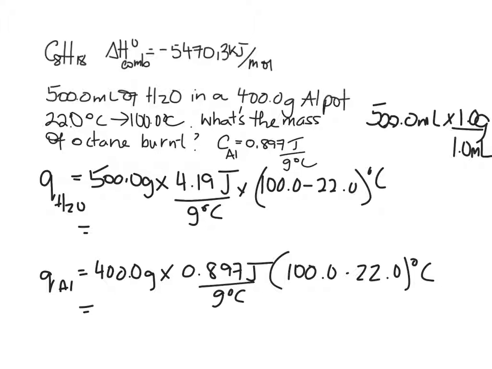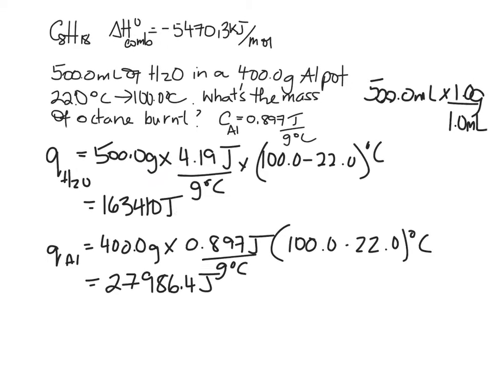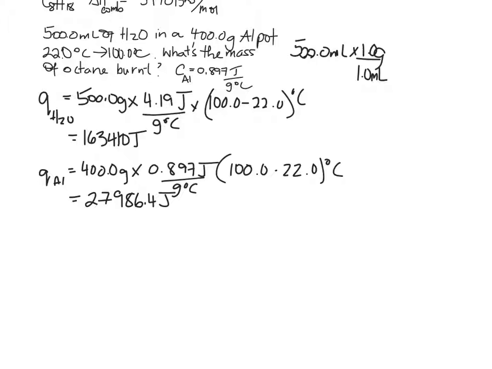What values do you get? Do we assume the same delta T for water is the same thing? Yeah. For H2O, it's 163,410.